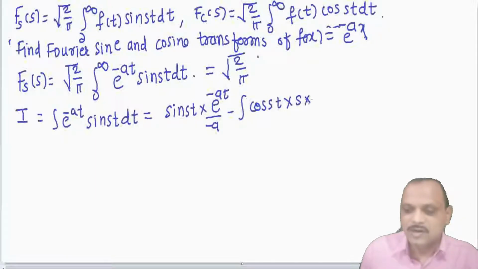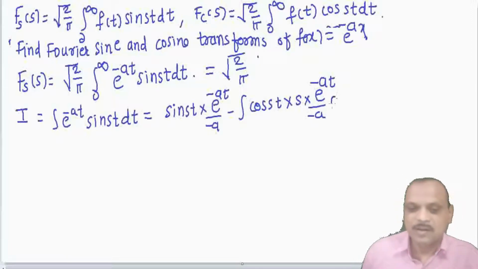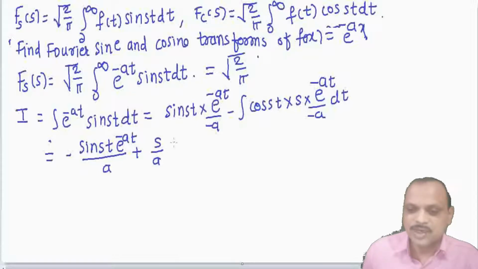into dt, equal to minus sine st e raised to minus at divided by a, minus minus plus s divided by a integration of e raised to minus at cos st into dt.